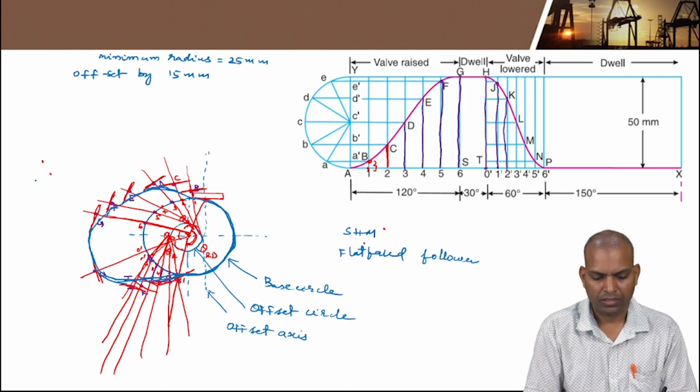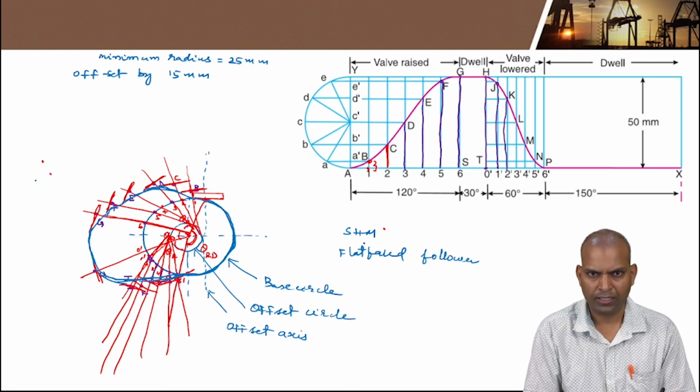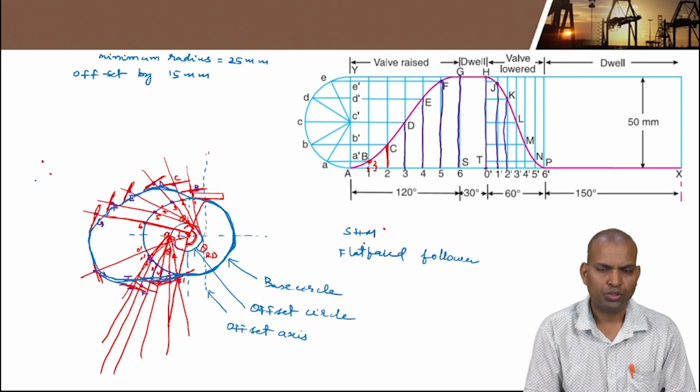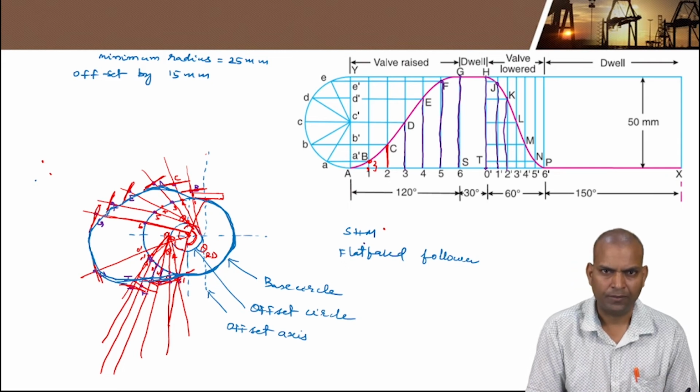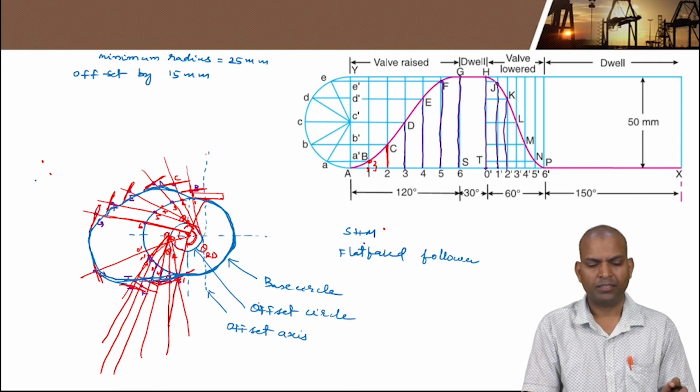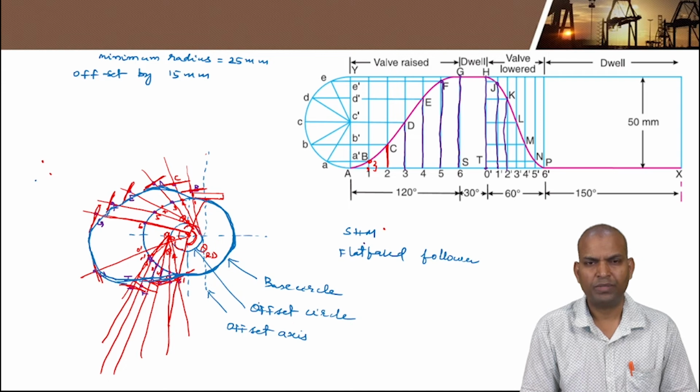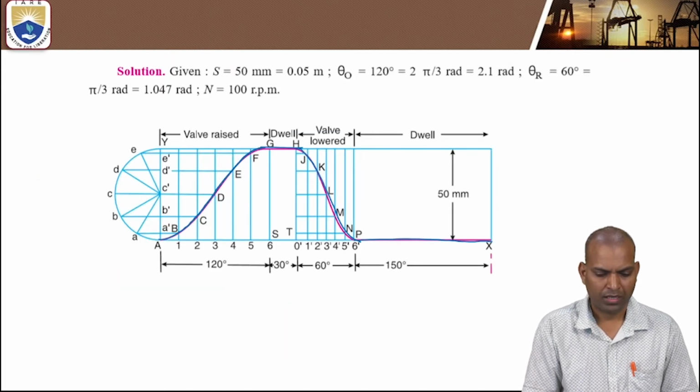Suppose during outstroke it is simple harmonic and the return stroke is uniform velocity motion. In that case, how to do it? The same set of offset circle. For the offset method, the procedure is the same, but the displacement diagram will change. What is the case?